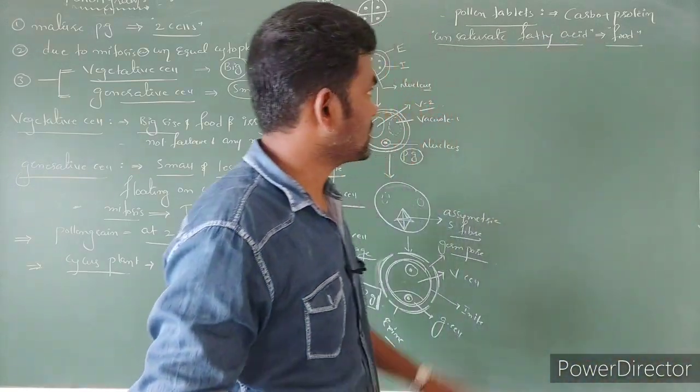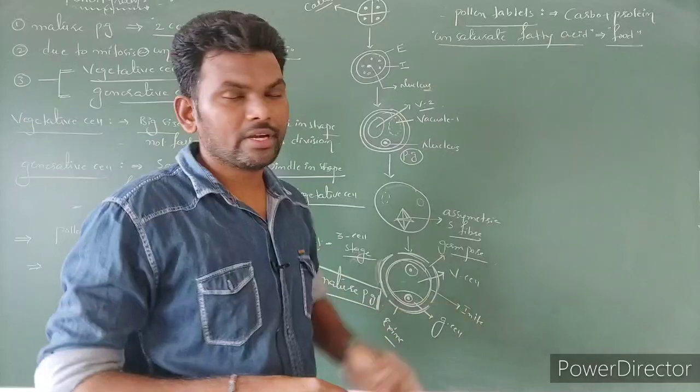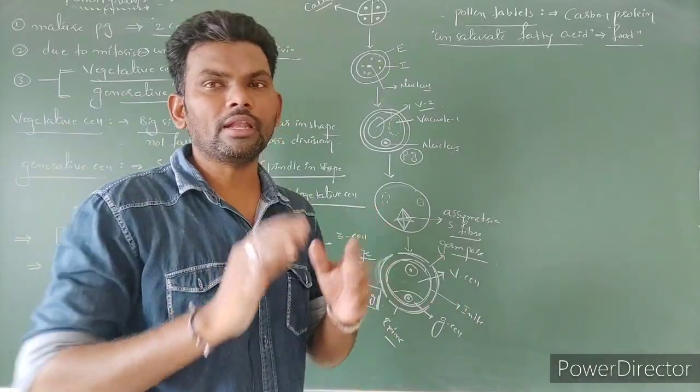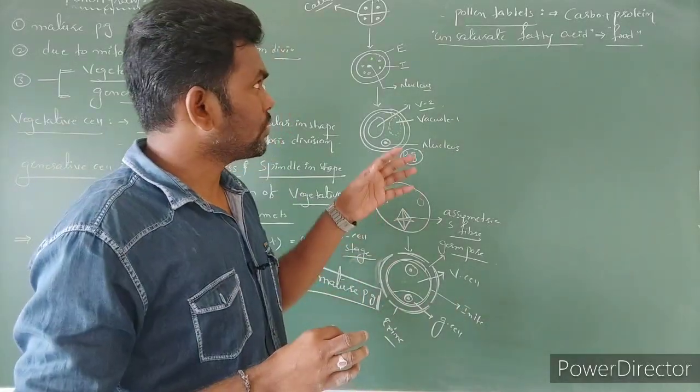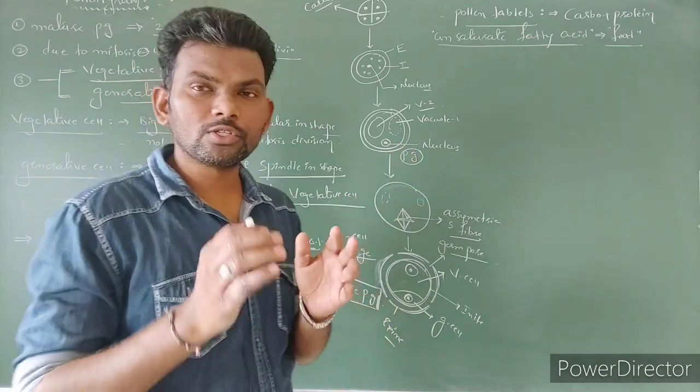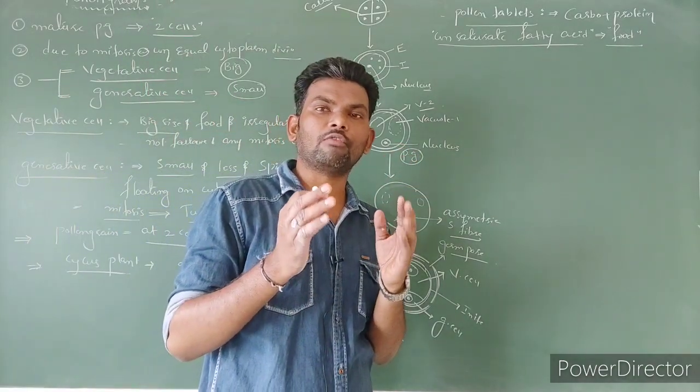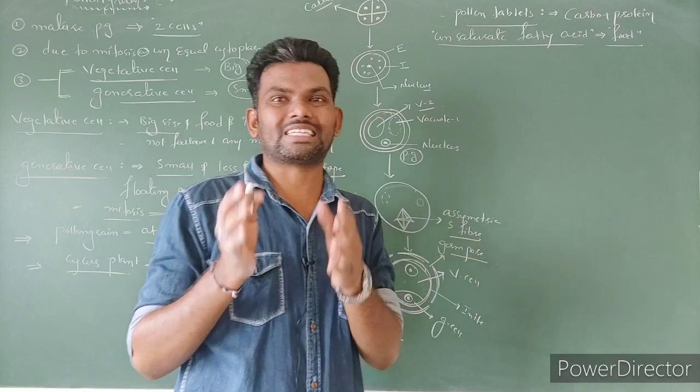Due to this nature, pollen grains are used as food in Western countries like England, where pollen tablets and pollen syrups are available in the market. They are used to increase the performance of athletes as well as horse race.